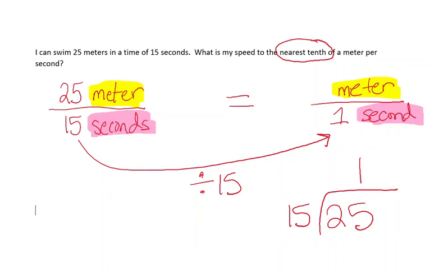15 goes into 25 one time, multiply, subtract. So we know it's at least 1 meter, but we need to continue dividing to be able to round to the nearest tenth.